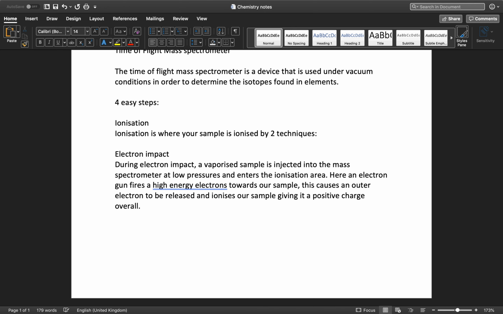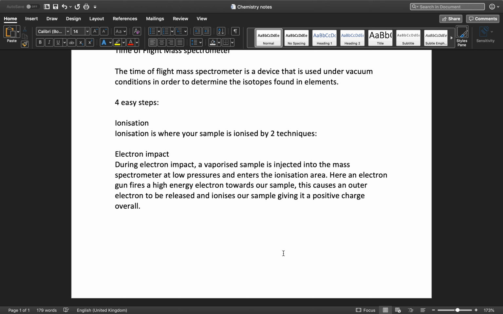So during electron impact, a vaporized sample is injected into your mass spectrometer at low pressures. Here it enters your ionization area, where your electron gun fires a high energy electron towards your sample.